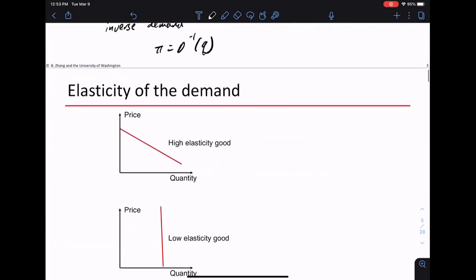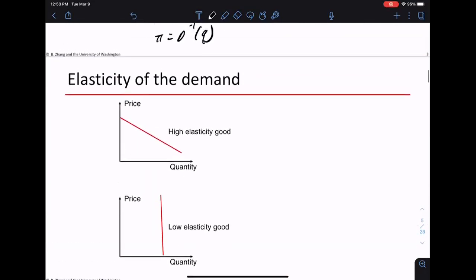Then the slope of the demand curve is something called elasticity. So with high elasticity, you can think of this as a non-essential good.